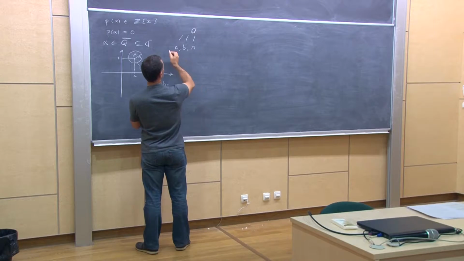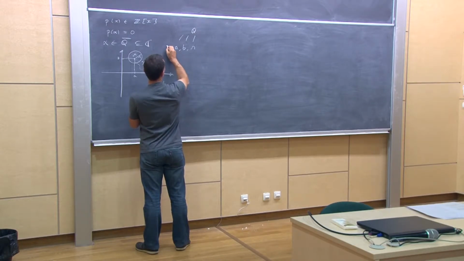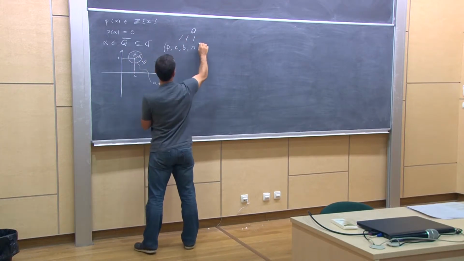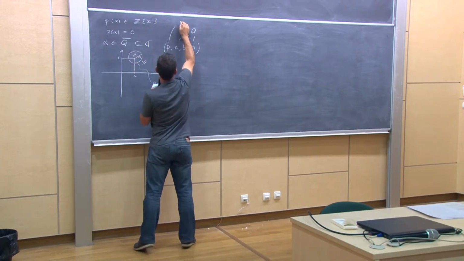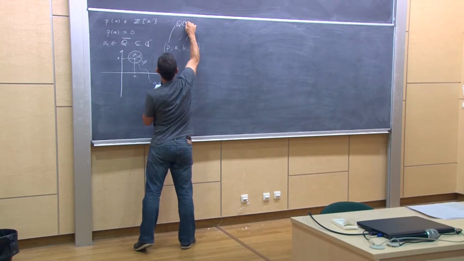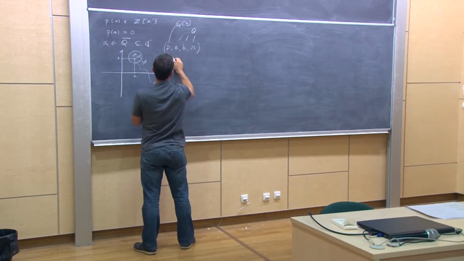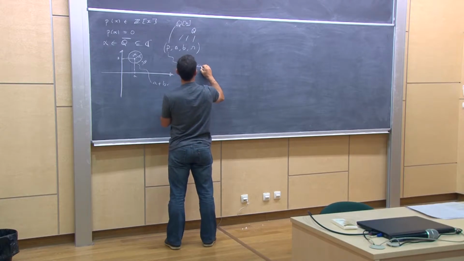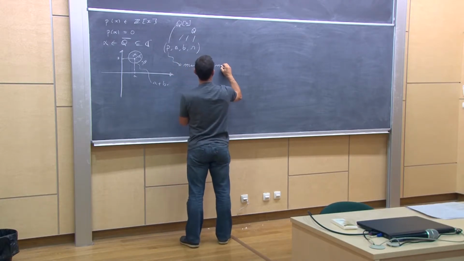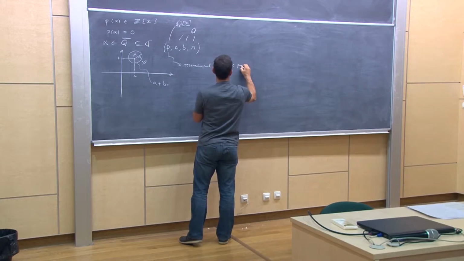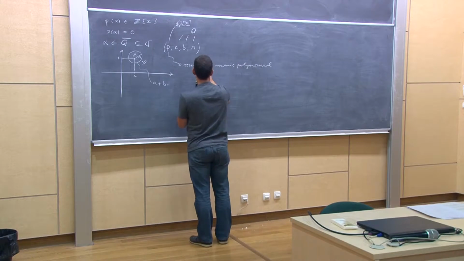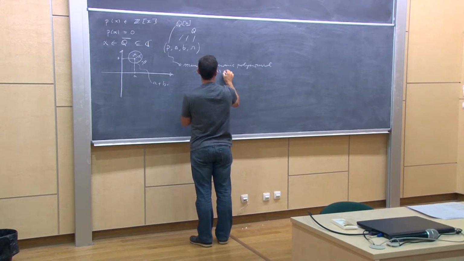So in order to represent algebraic numbers, you need to have the polynomial p, and this is in Q of x. And I want p to be the minimal monic polynomial such that p of alpha is equal to 0.